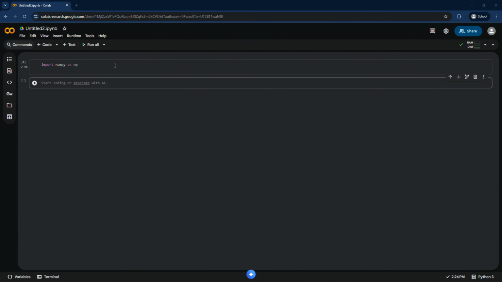Now create the vector for classical bit 0. Remember the rule, put 1 in position 0 and put 0 in position 1. So we write bit0 equals np.array([1, 0]).